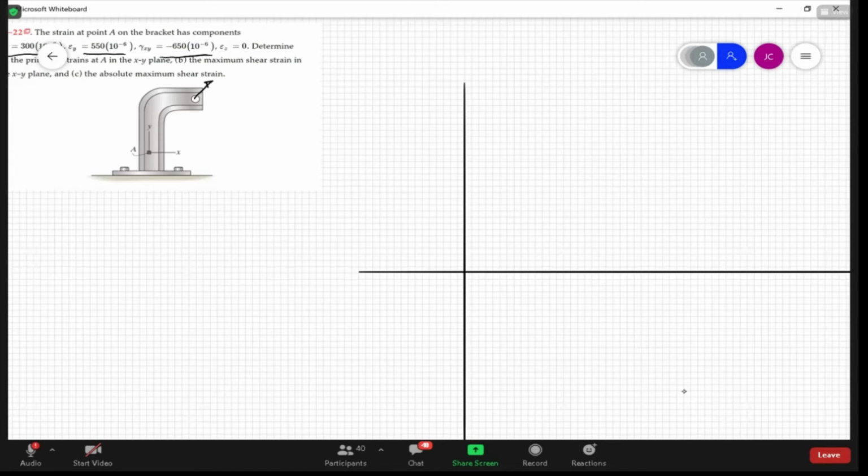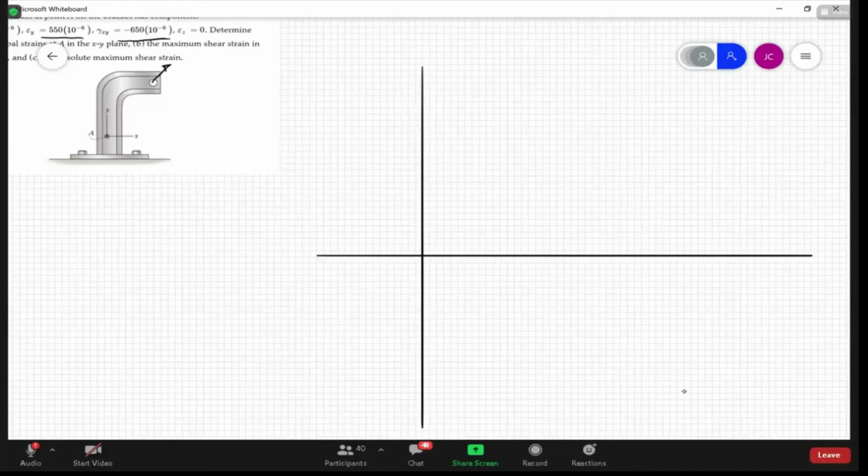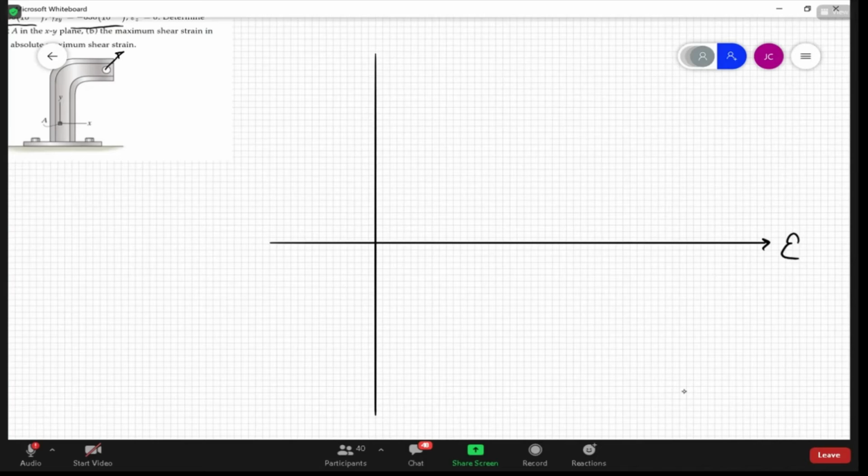Here we're going to put the normal strains on the x-axis, and on the y-axis are the shear strains. But remember, shear strains divided by 2. So always remember it's divided by 2. And it's going to be positive such that it rotates the cube in the clockwise direction.